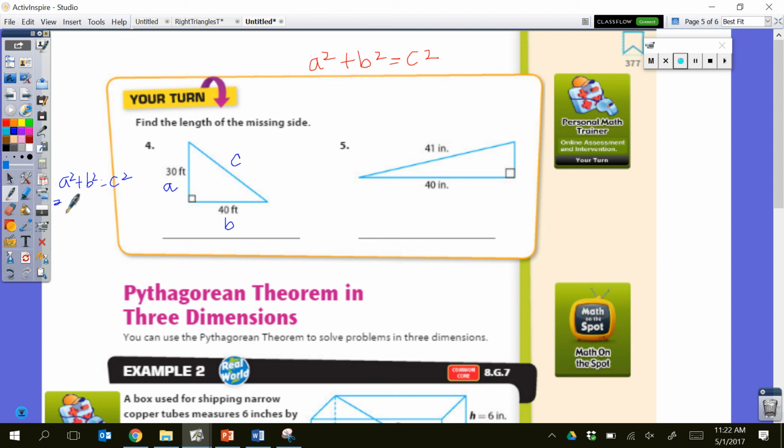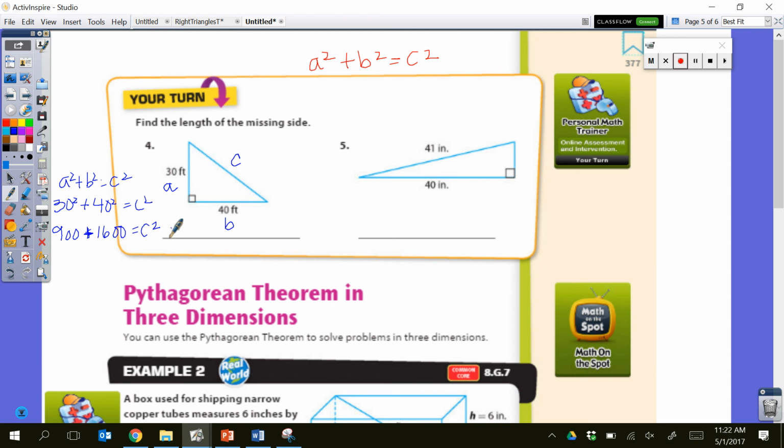So we've got 30 squared plus 40 squared equals C squared, okay? So 30 squared is going to be 30 times 30, which is 900. 40 squared is going to be 40 times 40, oops, it should be plus. It's going to be 1600, and then we have C squared.